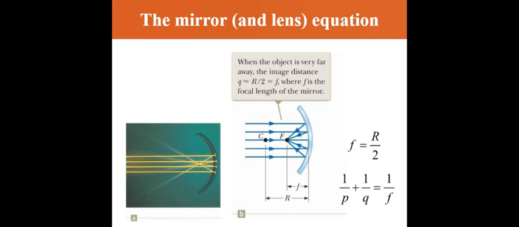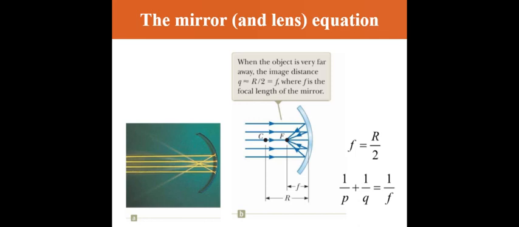What's more important is that there is a mirror equation shown here in the lower right, which relates the location of the object and its image based on the focal length of the mirror. So without even having to physically go up to a mirror and place an object to see where the reflection is, you can use the mirror equation to figure out where the image is going to be located by just knowing where the object is and what the focal length of the mirror is.